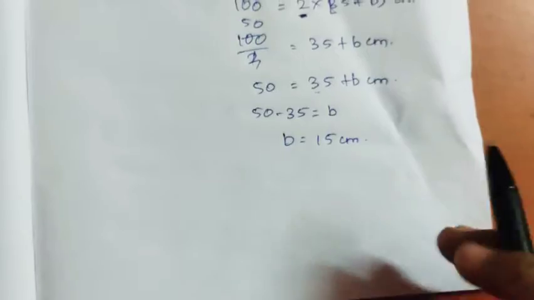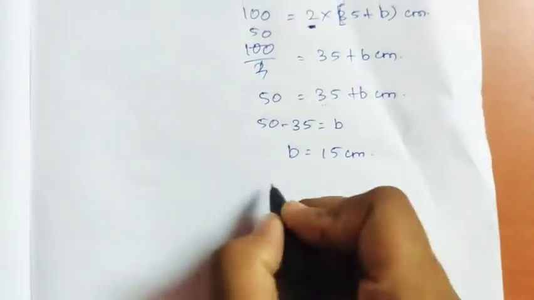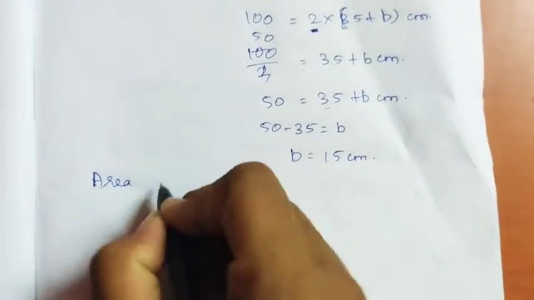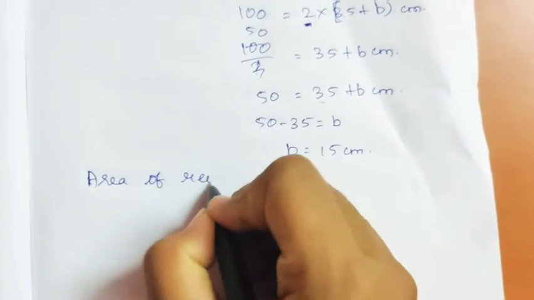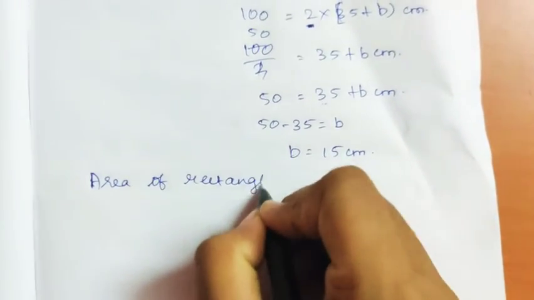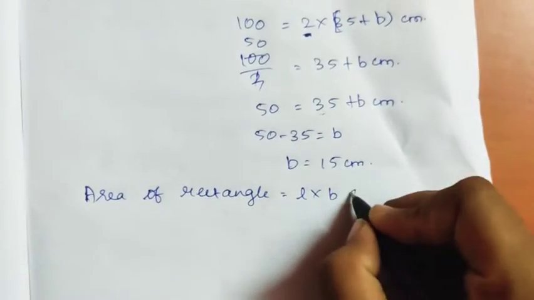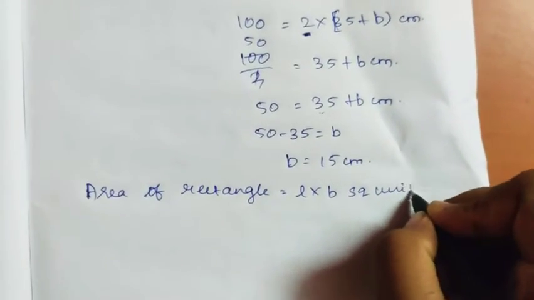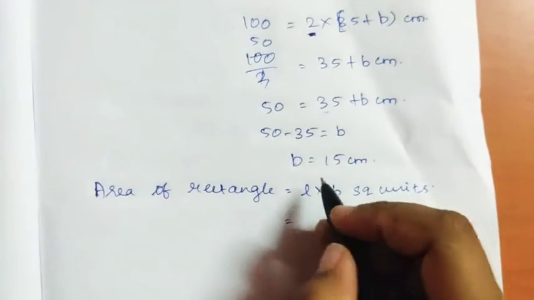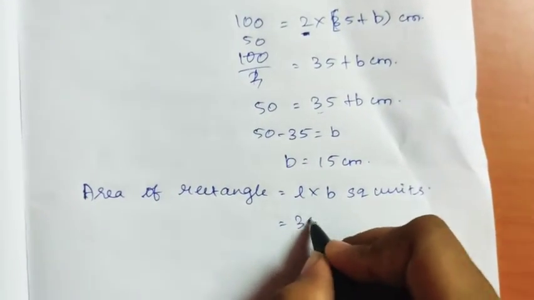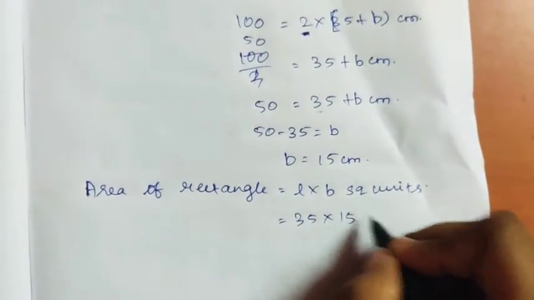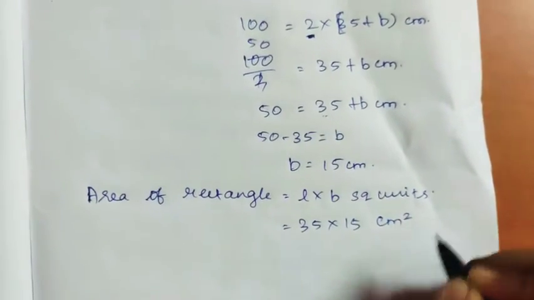What is the area of rectangle formula? Area of rectangle equals length into breadth square units. What is the length here? 35, into the breadth here, 15 centimeter square.